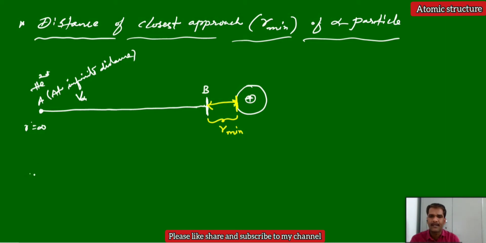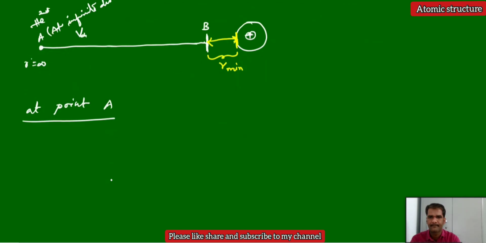Now tell me, at point A, the potential energy. What is the formula for potential energy? Here we have the alpha particle, and there is an atom nucleus. Let us assume the alpha particle charge is Q1 and the nucleus charge is Q2.